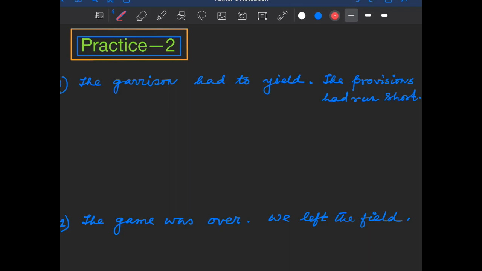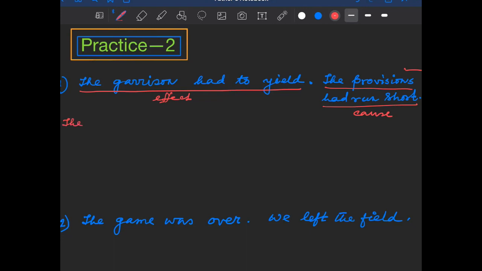The provisions had run out. Provision means food and drink. So this is the cause, and this is the effect. So we will keep it and we will make this absolute.